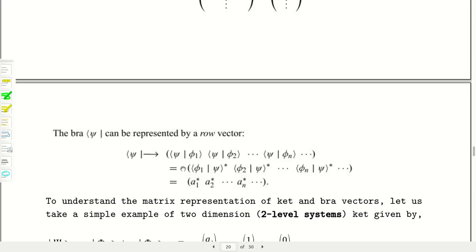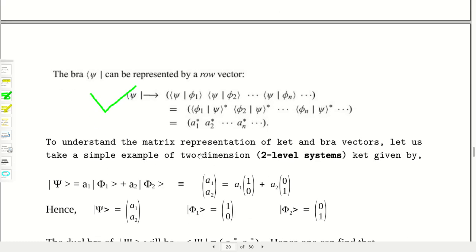That means bra psi is represented by a row matrix with elements a1 star, a2 star, and so on, because of the dual nature of the dual space theory of the Hilbert space we have discussed earlier. It is a complex space, so each of the scalar elements should be replaced by its complex conjugate.